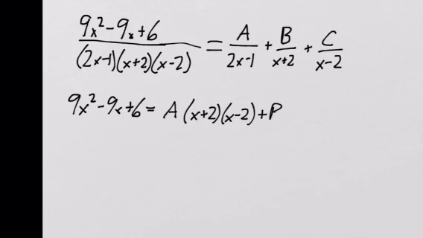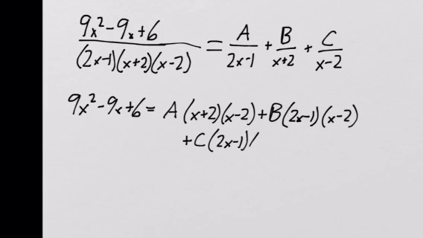Then plus B. This time the x plus 2 cancels out, but I still need a (2x minus 1) and an (x minus 2). And then plus C multiplied by (2x minus 1) times (x plus 2). The x minus 2 went away because it cancels out with the denominator.